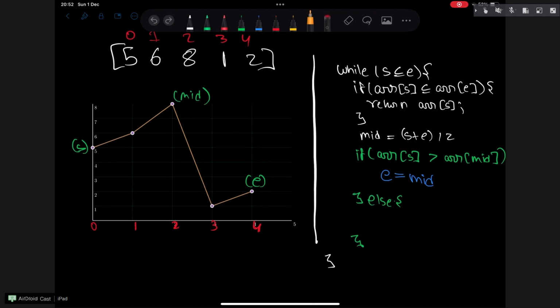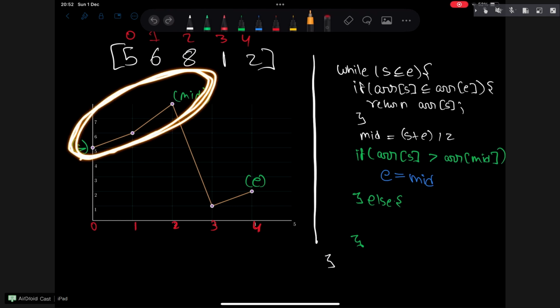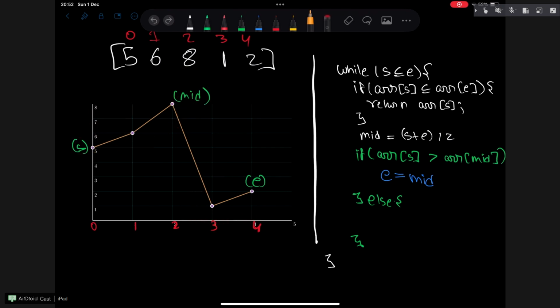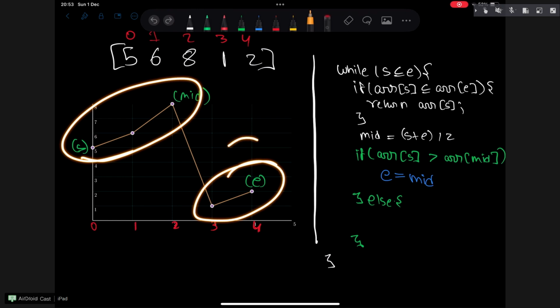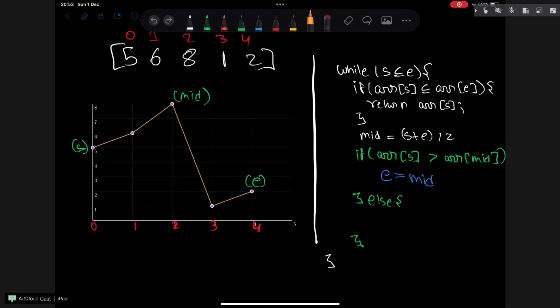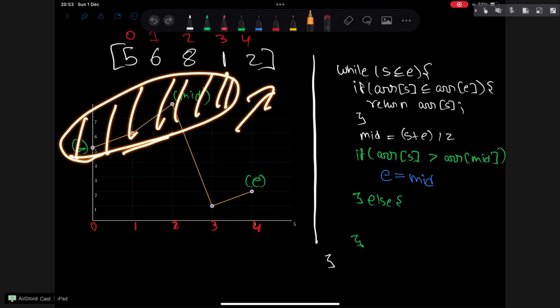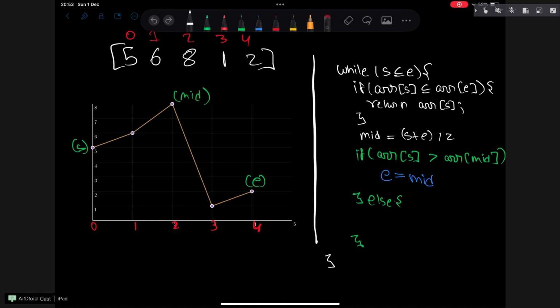That means if the array is rotated, the first peak is always higher than the second peak. So the answer must lie on the right side, on the second peak, at the starting point of the second peak. If the relation between s and mid is going up, we can eliminate this whole thing, since the answer is not going to exist on the first peak. So s will move to mid plus 1.